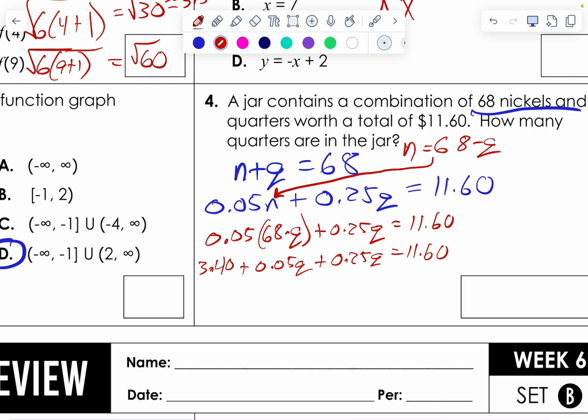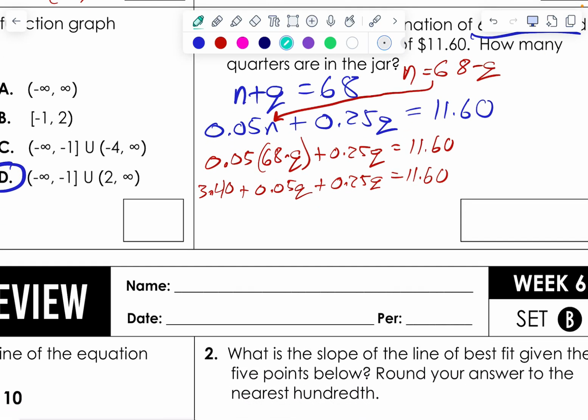Okay, and then from here, it's just a linear equation. I hope this looks pretty easy. You are in Algebra 2 after all. So what does this become? 0.3Q on the left. Subtract your 340. And we get 820, I think.